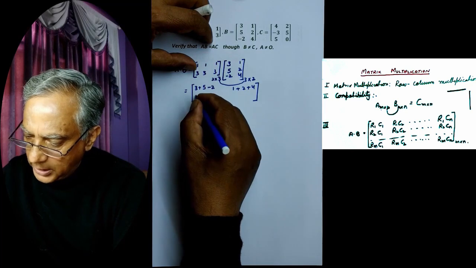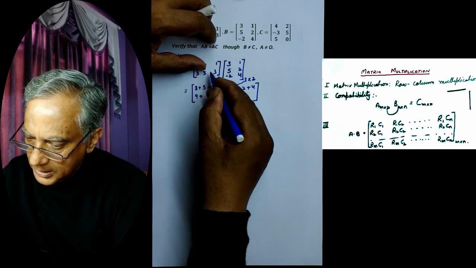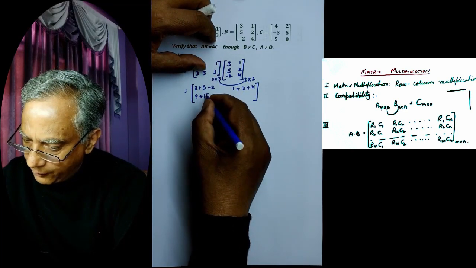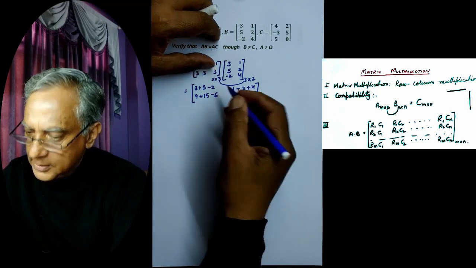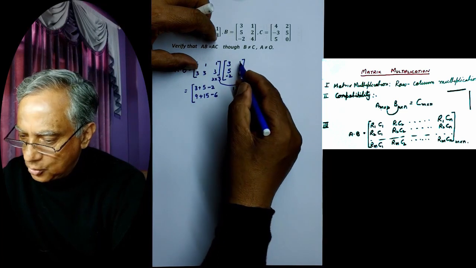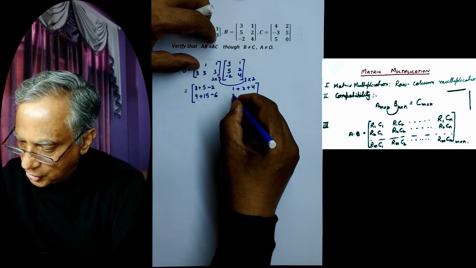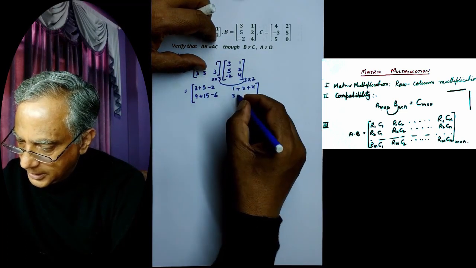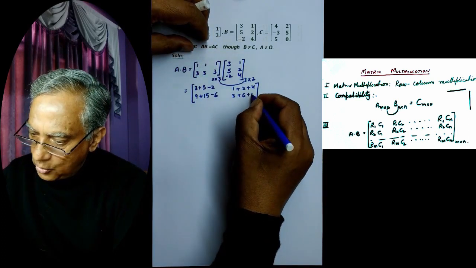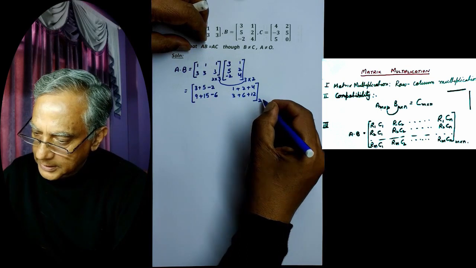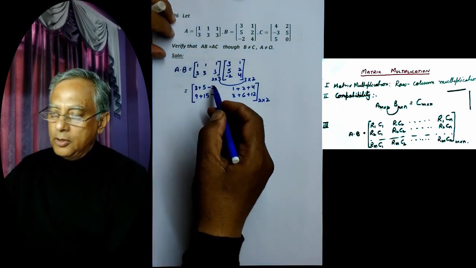So 3 into 3 is 9 plus 3 into 5 is 15. Plus 3 into minus 2 is minus 6. This into this. First entry with first, 3. Second entry with second, 6. Third entry with third, 12. This is a 2 cross 2 matrix.